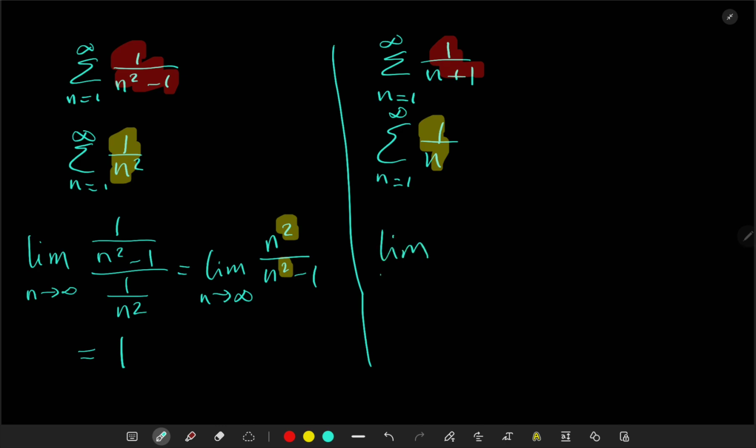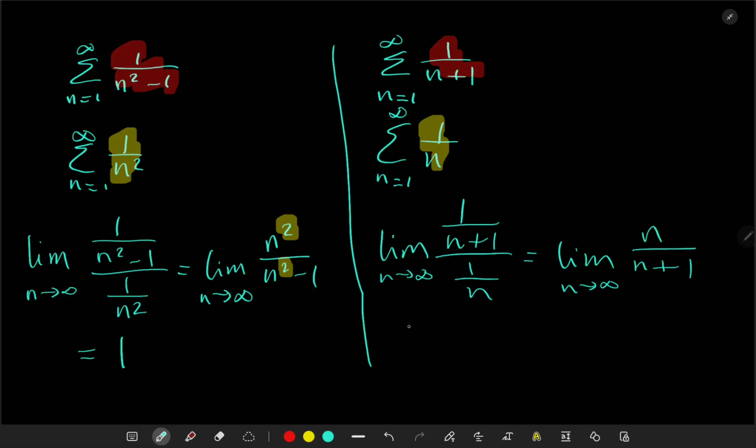So I'll take the limit as n goes to infinity of 1 over n plus 1, over 1 over n. And as before, I can obtain the limit by multiplying by the reciprocal of this number, which is just n. Then again, the limit will be the ratio of the coefficients here. I get 1 as well.